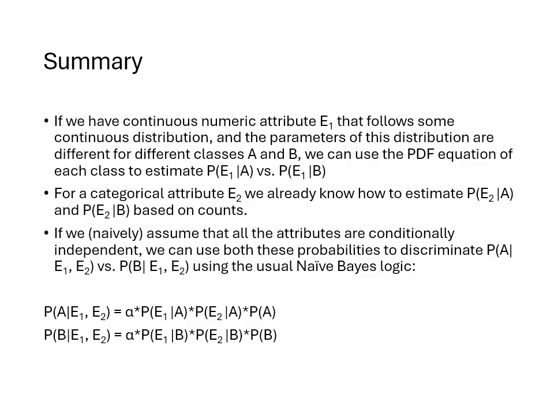If we naively assume that all the attributes are conditionally independent, we can use both these probabilities to discriminate the probability of class A given these two observations versus class B given the same observations using the usual naive Bayes logic.